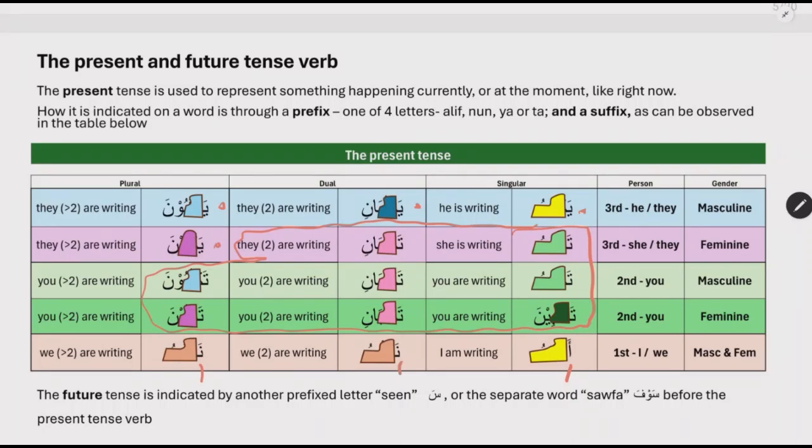Also, what I've done, I've colored the verb in different colors. So this one is a unique one. It's only for the ya, singular, right? And here the alif for the singular as well. I've just arranged the colors, so I just repeated the yellow one more time. If you look at this dual here, the unique thing is it's got a ya in front and an ani at the end.